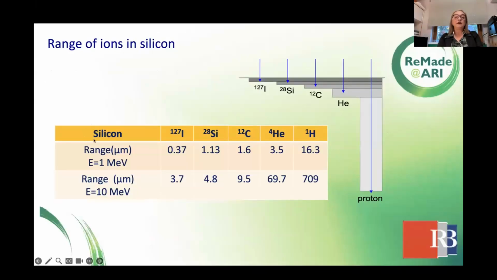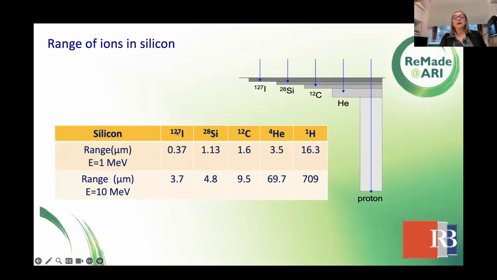Let's say your target is silicon, a silicon diode, and you start with the lightest ion, hydrogen or protons with energy 1 MeV: you can probe 16 micron depth in silicon. But if you increase the energy of your protons to 10 MeV, you will see much deeper, and you will be able to probe something like 700 microns.